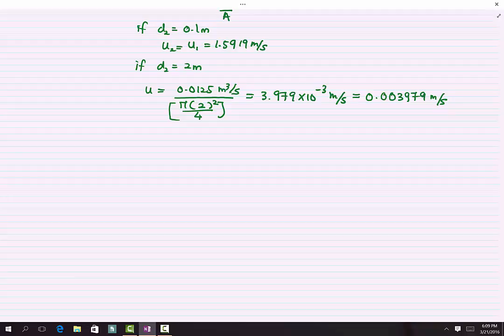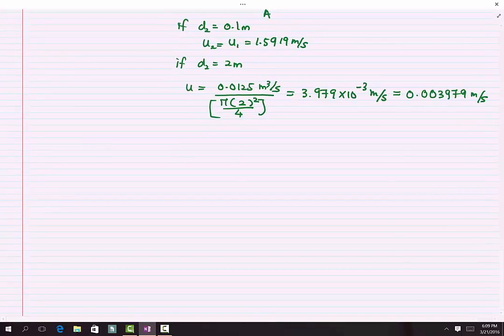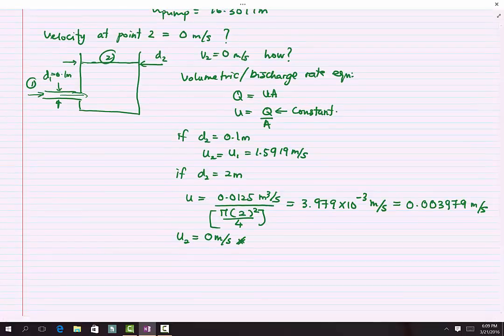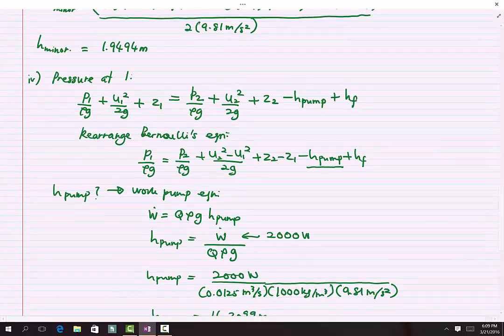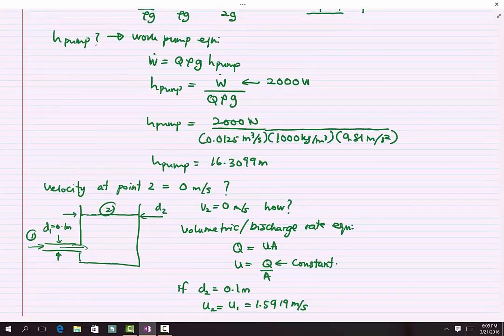Tanks may not have a diameter of just 2 meters; it might be more than that. Therefore, we can say that U2 is actually equal to 0 meter per second. So we can cancel out the term U2 here, which is equal to 0.